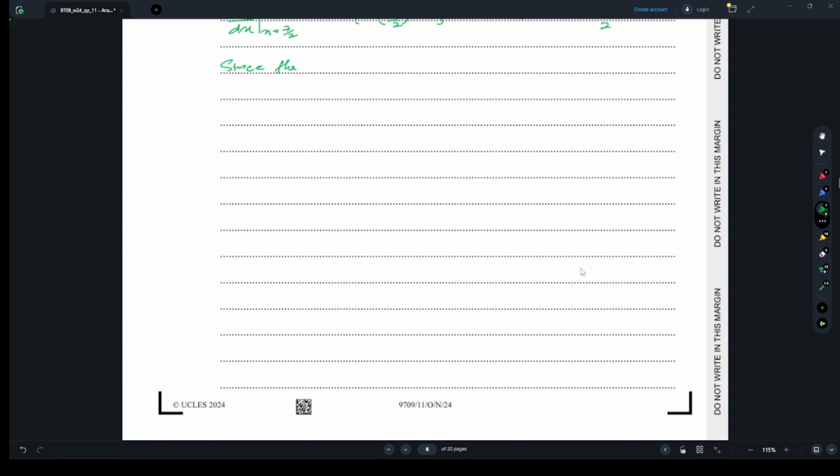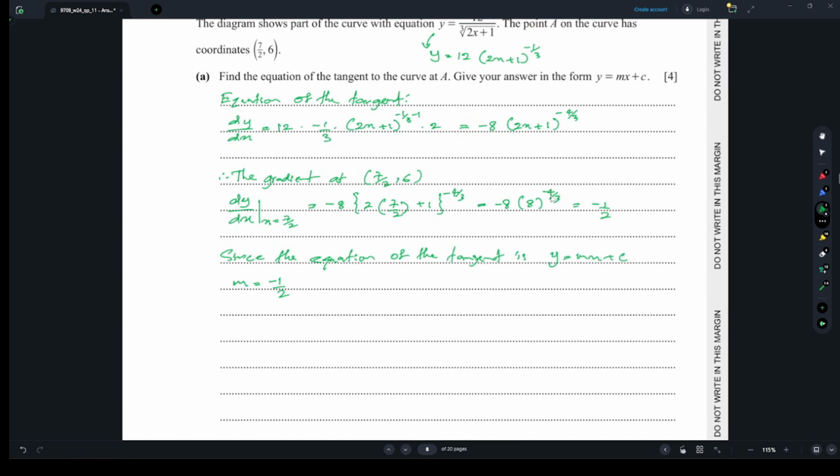Since the equation of the tangent is y equals mx plus c, we can write m equals minus half, because why?